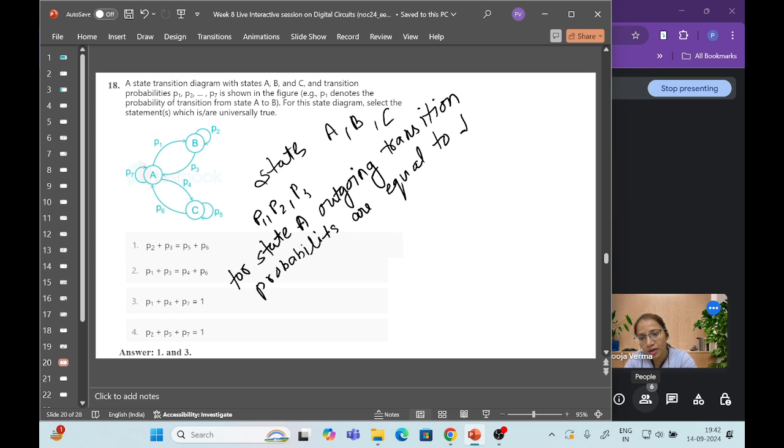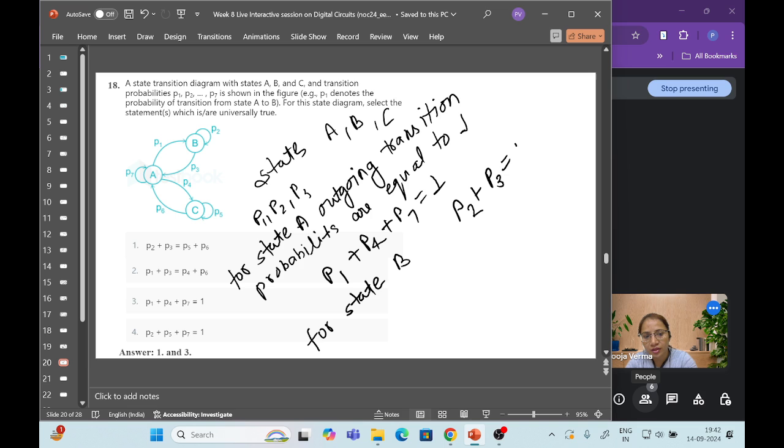So let's check the outgoing probabilities. For state A, they are P1 plus P4 plus P7, which is equal to 1. For the next state, state B, the outgoing transition probabilities are also equal to 1: P2 plus P3 is equal to 1.